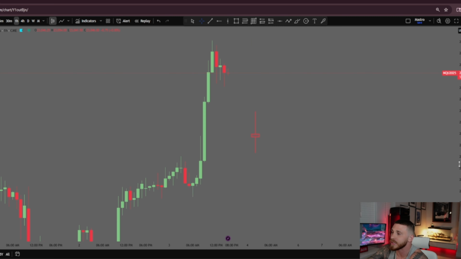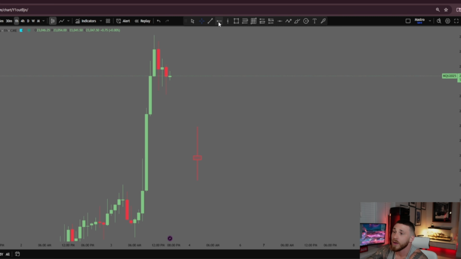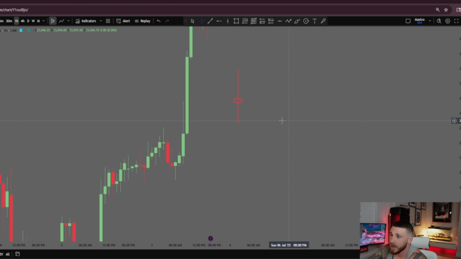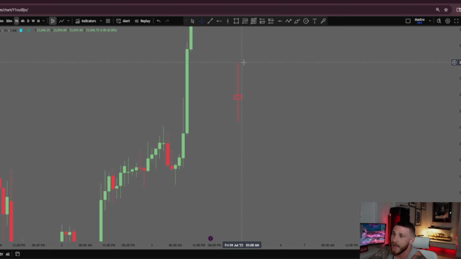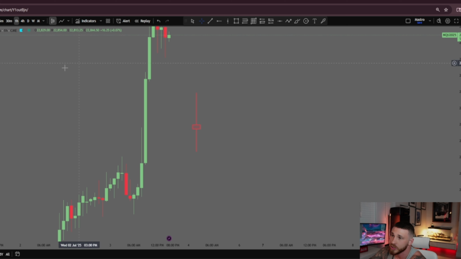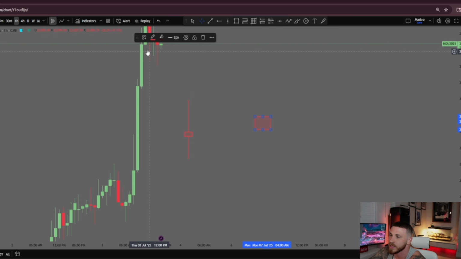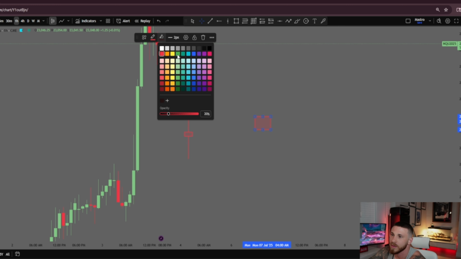Pretty simple, pretty easy. But again, we also have something like, as you can see, this candle right here. That would mean buyers are in control, because you can see this candle closed very bullish. So we'll draw this real quick. Let's say this is our candle body. We'll make this green just for the example.